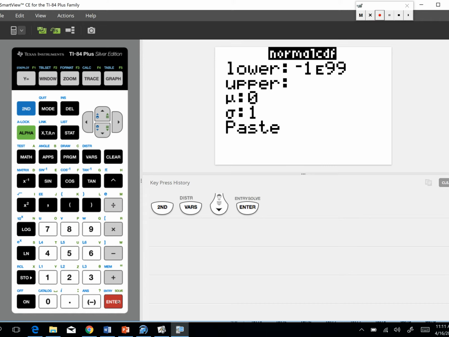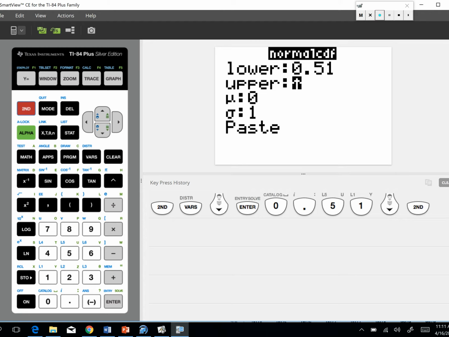Since I want the area to the right because we're a right-tailed test, my lower value is going to be my 0.51. My upper value, I want it to go to infinity, essentially. To show that in the calculator, we go second and then the comma gives me the E, and then I put 99. Mu is 0, sigma is 1. We want to paste that in.